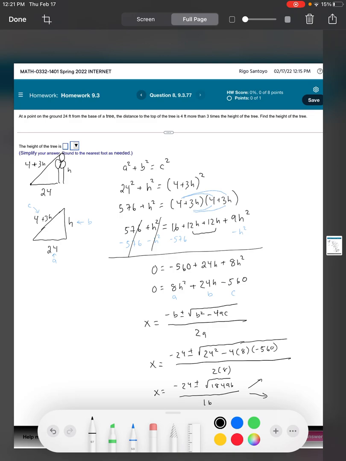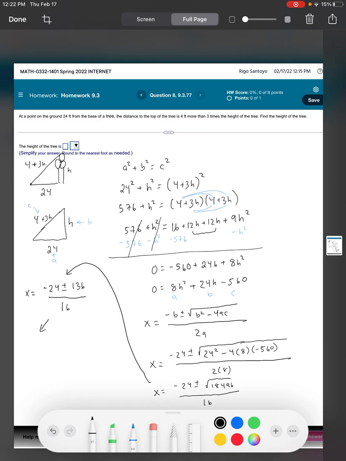And actually, it looks like the square root of 18496 gives us a nice number. So let's go back a little. Looks like we're left with x equals negative 24 plus or minus 136 over 16.